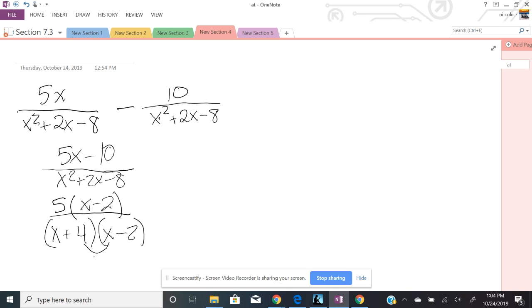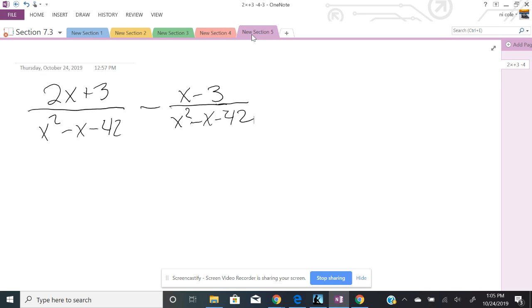The insides give me a positive 4x. The outsides give me a minus 2x. And therefore, I sum that up to give me a positive 2x. So that means that's all good. I factored that correctly. Probably another hint that you have not factored correctly is something is not canceling. If something's not canceling, you may want to go back and check your factoring. So your final answer will be 5 over x plus 4.